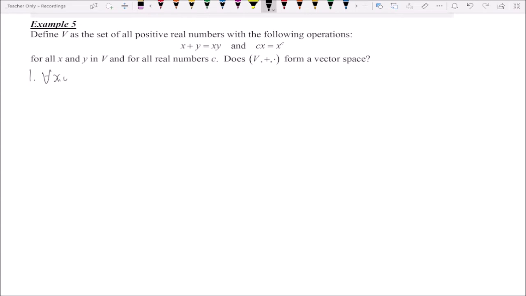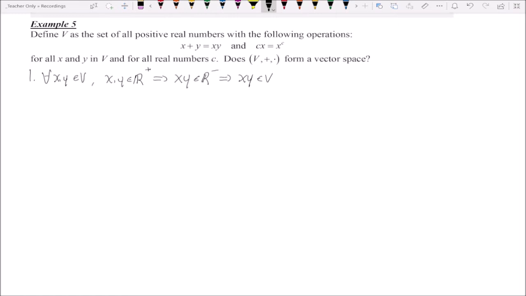Right, so for all x and y in V, we know that x, y are real numbers, which of course means that x times y is a real number because we know that the set of real numbers is closed under multiplication. Well, that means that x times y would be in V, because V is the set of positive real numbers, I should say.